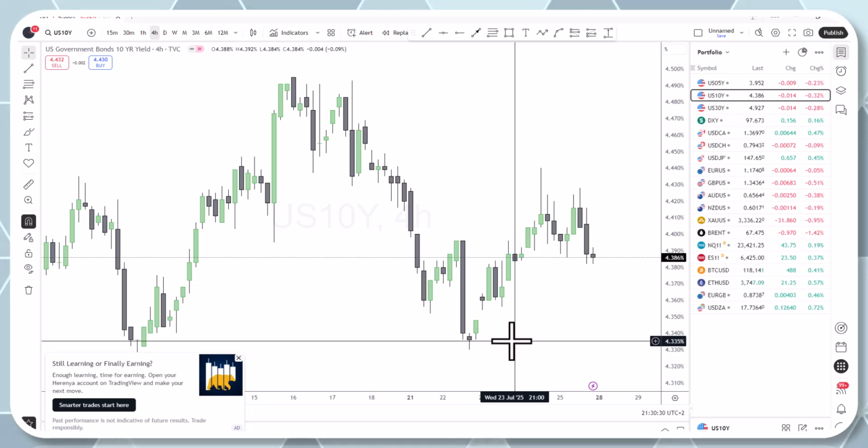By the end, you will know exactly what to look for before entering a trade based on an order block, right? So without further ado, let's jump into it.